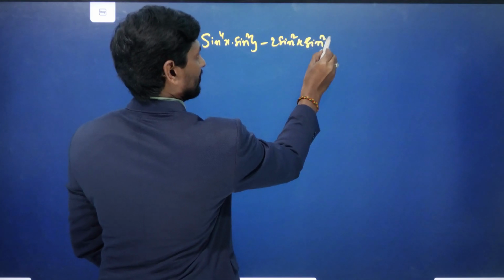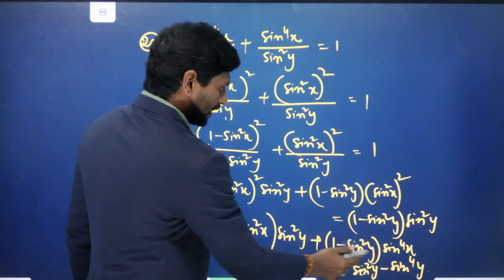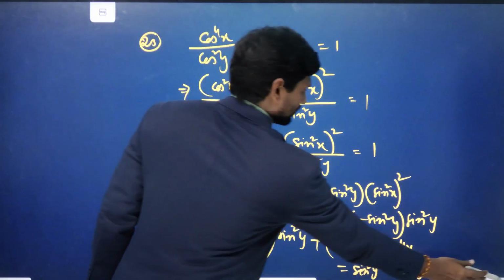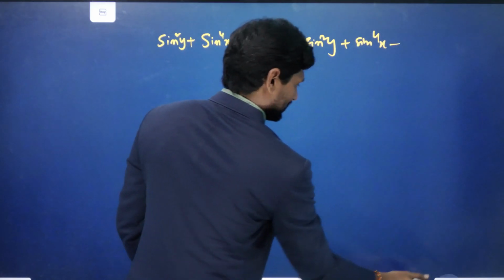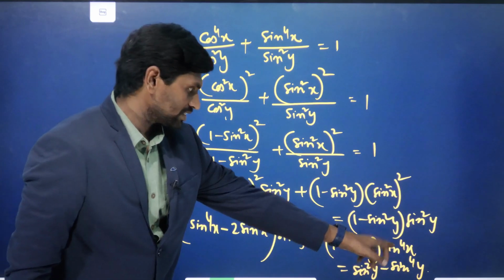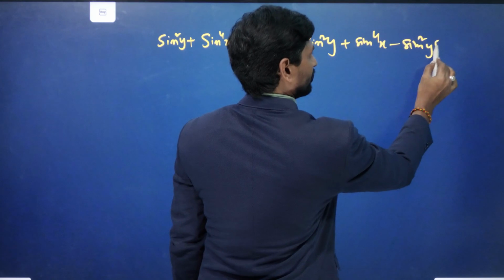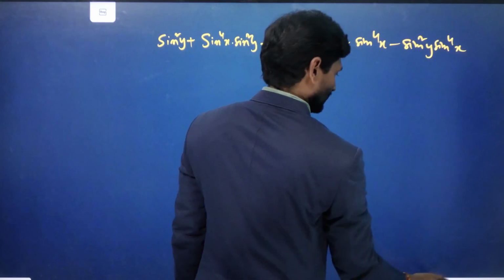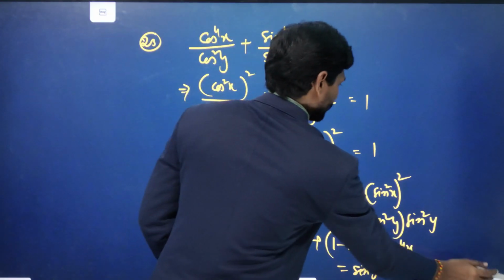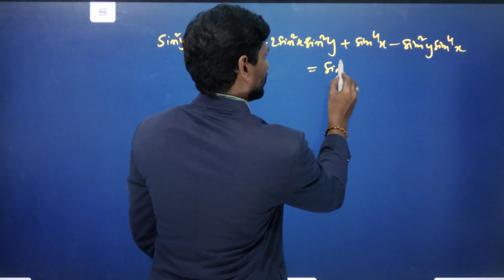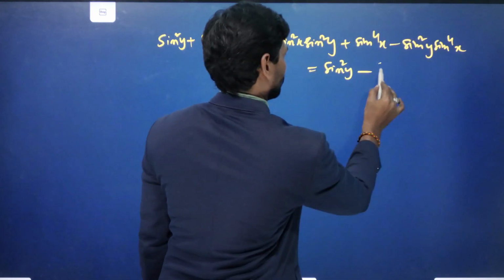Next plus sin power 4x, minus sin square y into sin power 4x, and that is equal to sin square y minus sin power 4y.